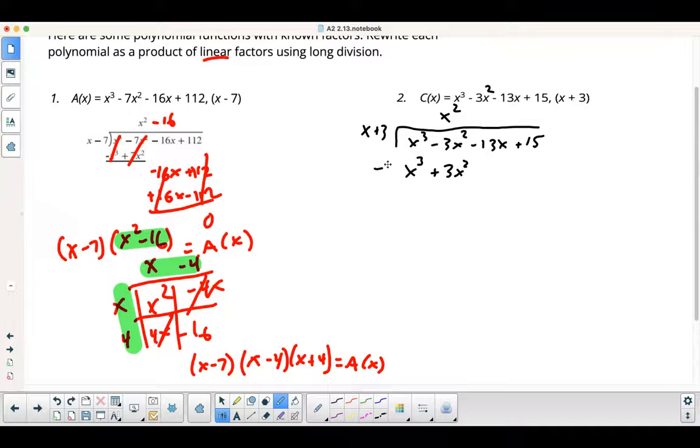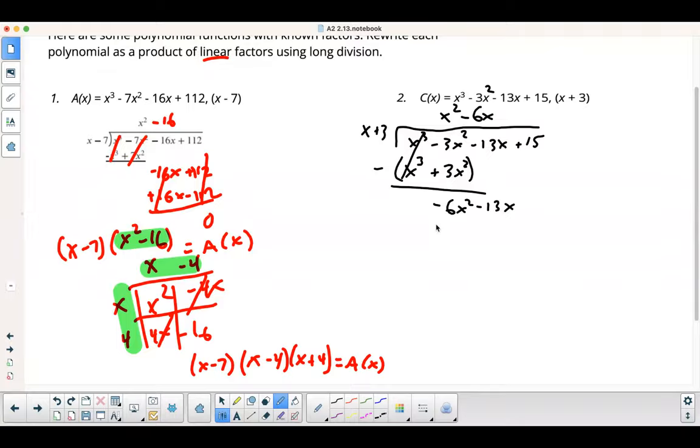Now I'm going to do it a little differently. When I subtract, I'm going to put in parentheses. Sometimes I like to do it that way. So that way it reminds me to just change the sign. It's a little neater. So x cubed minus x cubed cancels. Negative 3x squared minus 3x squared is going to give me negative 6x squared. Bring down the next term. x times negative 6x will give me negative 6x squared.